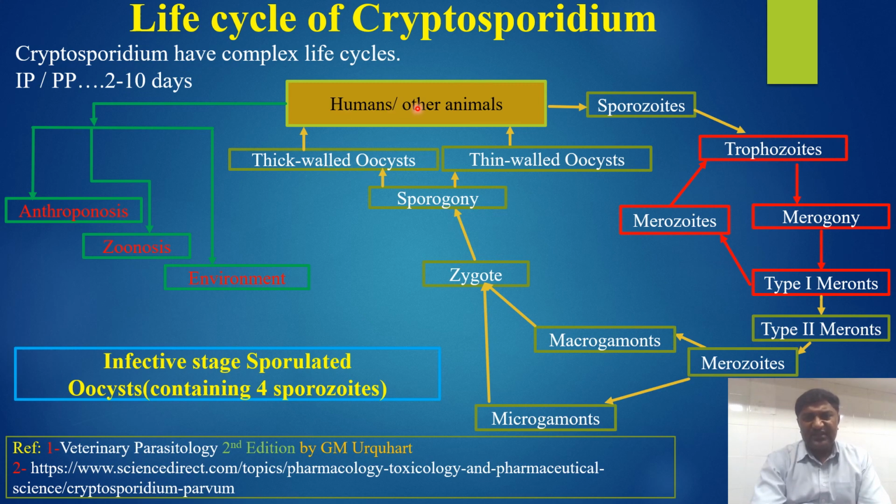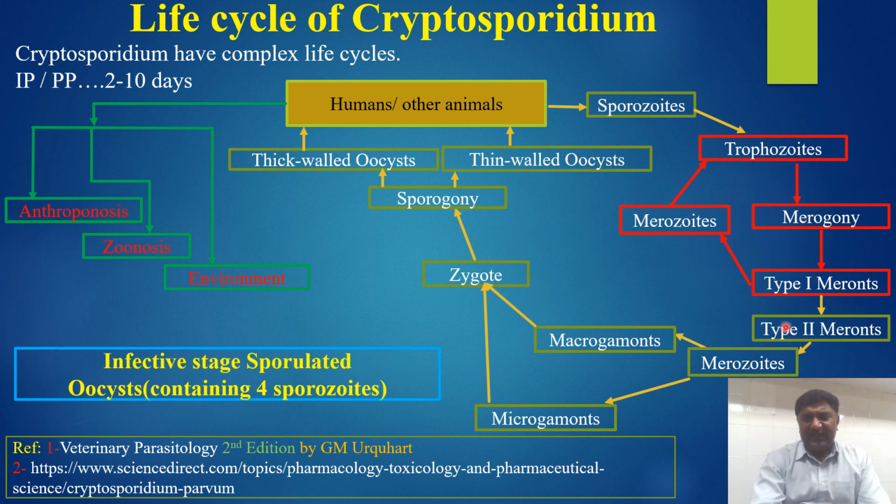And this thick-walled oocyst produces the sporozoites, and these sporozoites change into trophozoites, and then trophozoites change into merogony, and the type one meront then again changes into merozoites, and these merozoites change into trophozoites, and these stages take place many times.